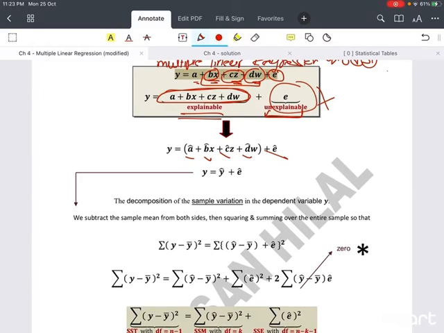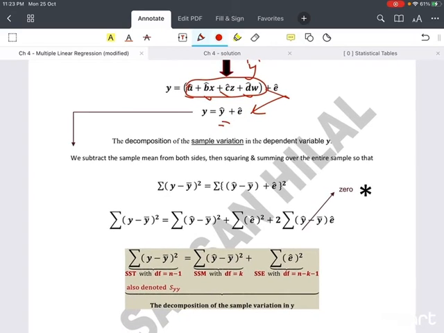So all of this you will call it y hat, y hat plus the error. This will be not important. We will come for the next thing. The decomposition of the sample variation in the dependent variable y.